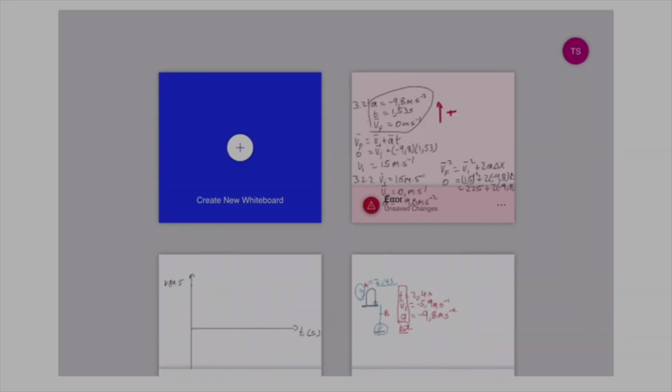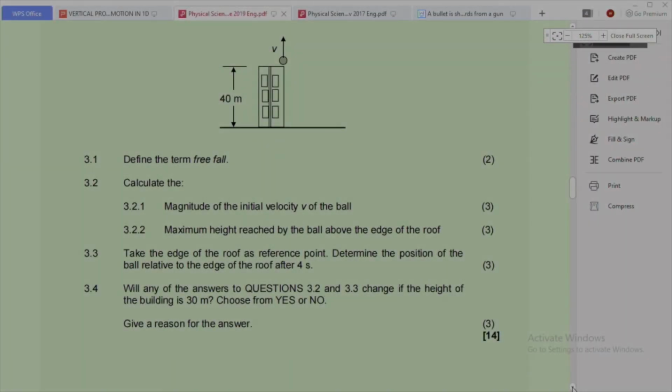I'm going to start a new slide. This question is question 3.3, right? Now what do we know? We know the time. They gave us 4 seconds, right?